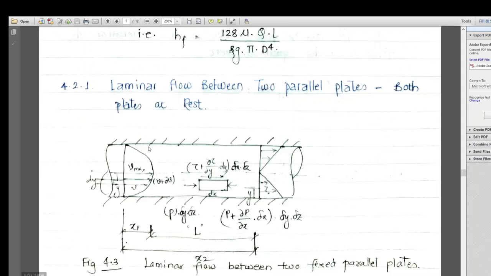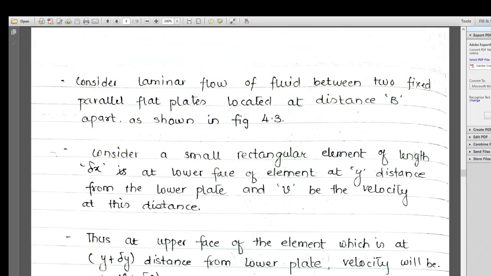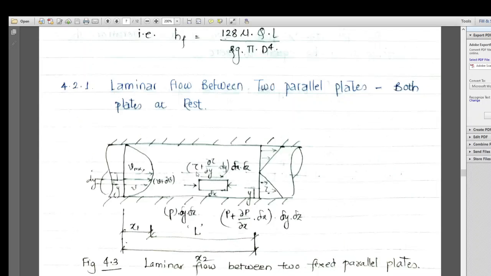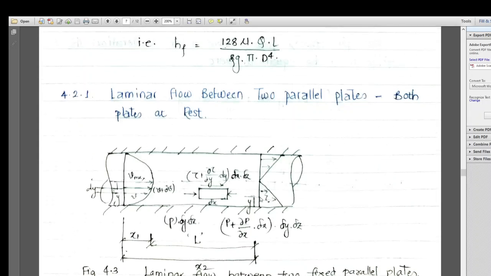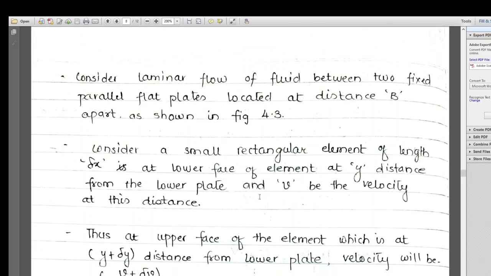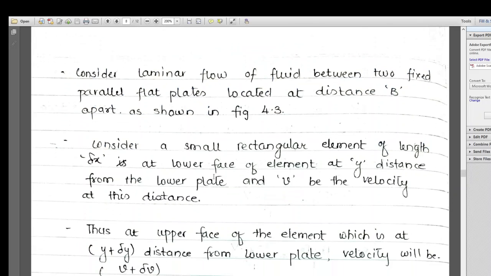Now from this part, let us consider a small part. Okay, a small rectangular element whose length is delta x, and the lower face of the element is at y distance from the lower plate, and v be the velocity at the distance.